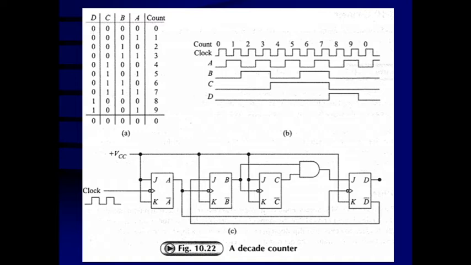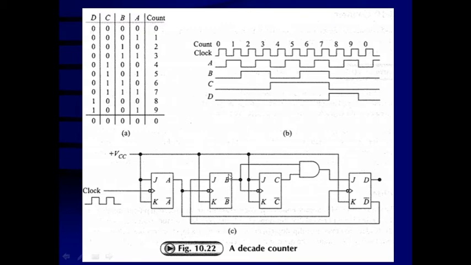The output of flip-flop D, that is D bar, is connected as the J input of flip-flop B. The K input of flip-flop B, J and K inputs of flip-flop C, and K input of flip-flop D are all connected to VCC. So here J is connected to the D bar.